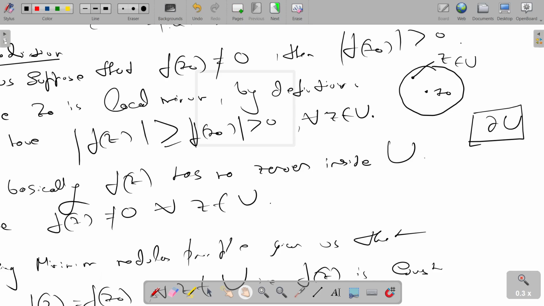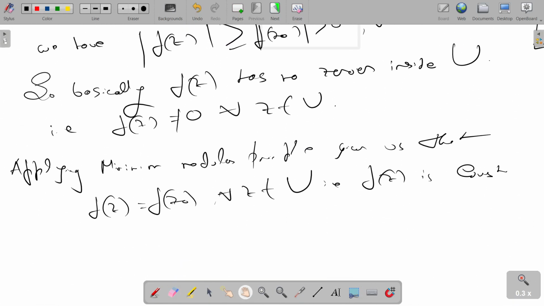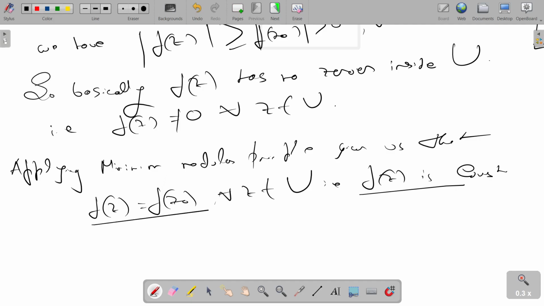Since z naught is a local minimum, using the minimum modulus principle the minimum value would be attained at the boundary, but that is not the case here. The only way such a function exists is if f(z) is constant and equal to f of z naught.